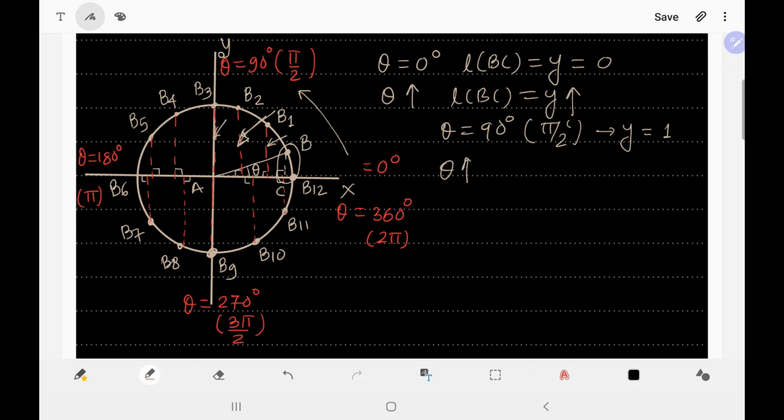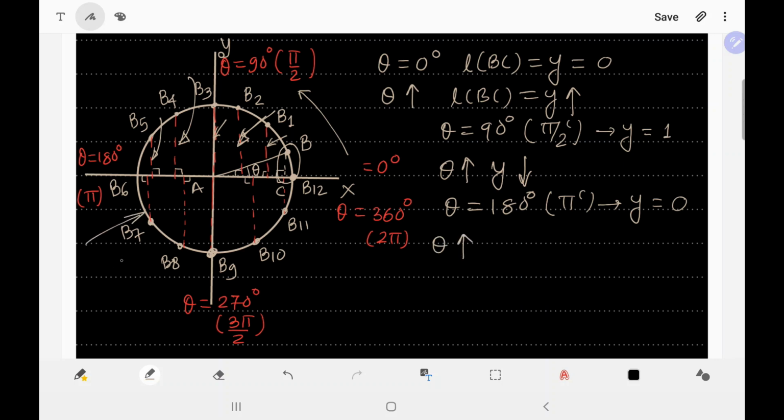If we increase theta further, we can see that the y coordinate of point B starts reducing. Now as theta approaches 180 degrees or pi radians, the y coordinate of point B becomes 0 as point B is now lying on the x-axis. If theta is increased further, the y coordinate of point B again starts increasing, but now in the negative y direction.